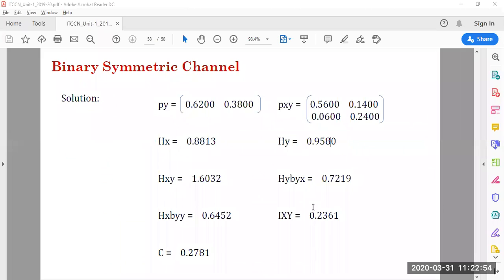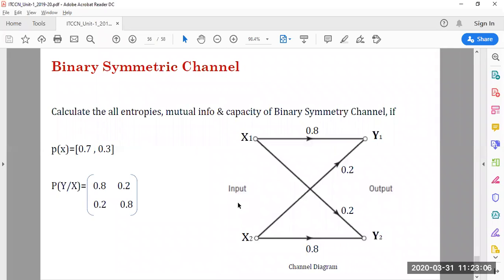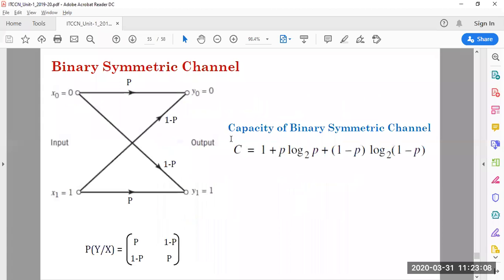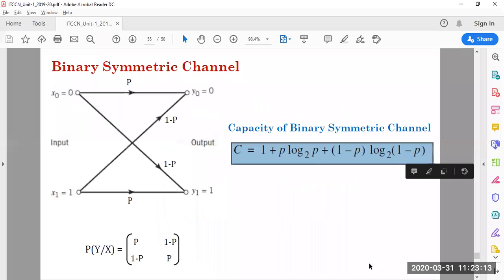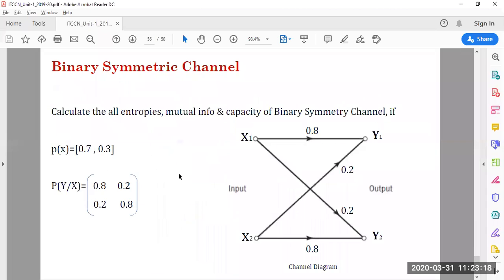Correct. So mutual information is 0.2361 or 0.24, and then capacity is, now remember, for capacity you have to use this formula. Capacity is 1 plus P log P plus (1 minus P) log (1 minus P). Now P is nothing but what? You can take any value out of these, 0.8. If you consider P equal to 0.8, 1 minus P will be 0.2, or if you consider 0.2 as P, your 1 minus P will be 0.8.